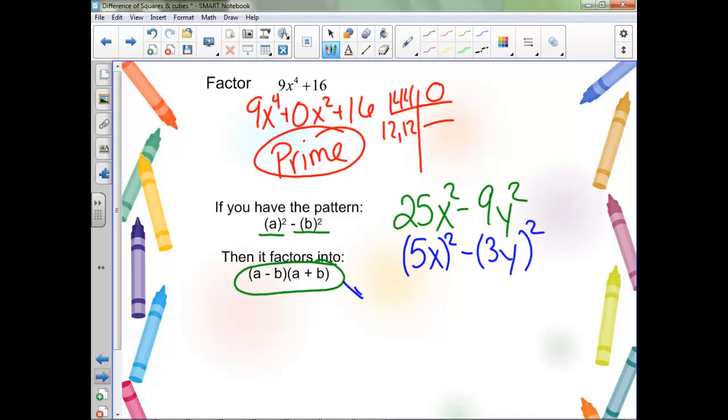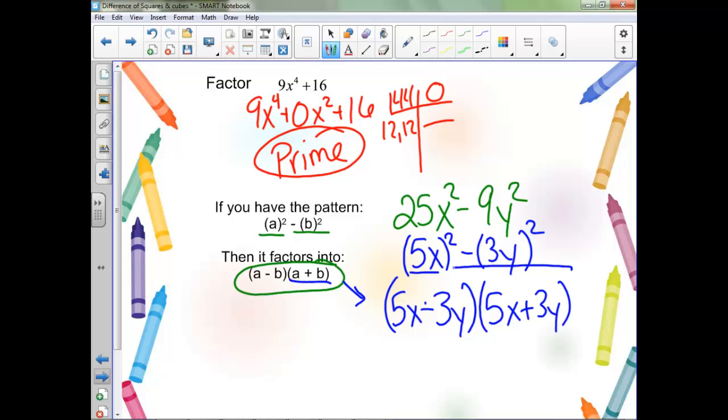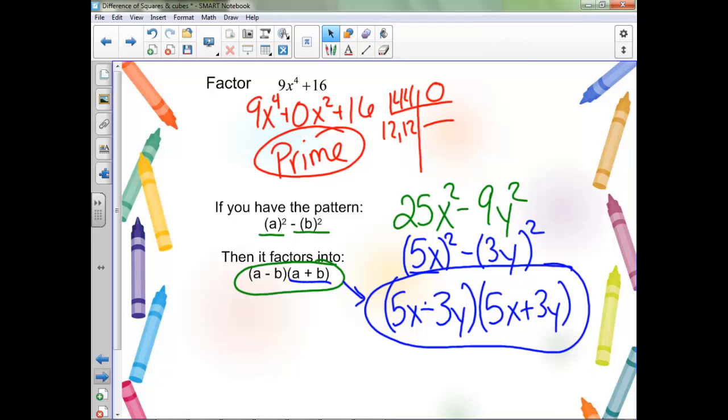So using this pattern here, we can have this first term, the 5x, minus this 3y, and now the same thing but with the plus in the middle. So this is just a little shortcut so we don't have to do the table with these.